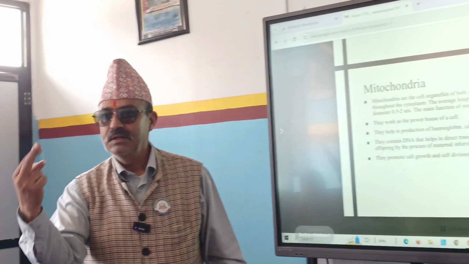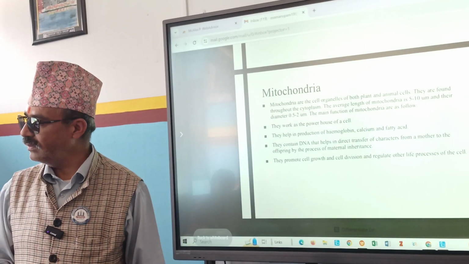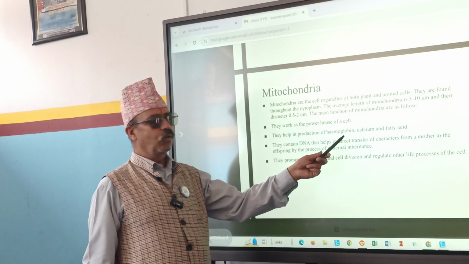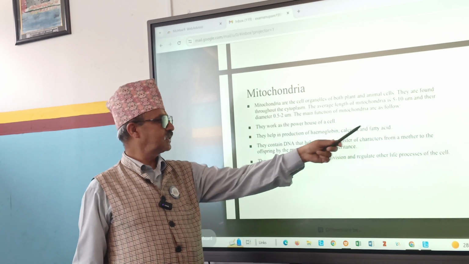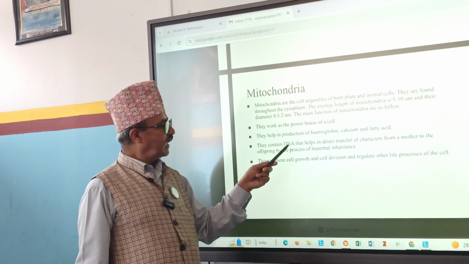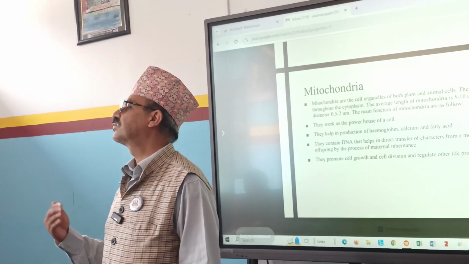Two things are done: storage also, release also. And it also produces hemoglobin, that is a red colored substance present in blood, calcium, fatty acid, fat, and mitochondria helps in transfer of characters from parents to offspring.